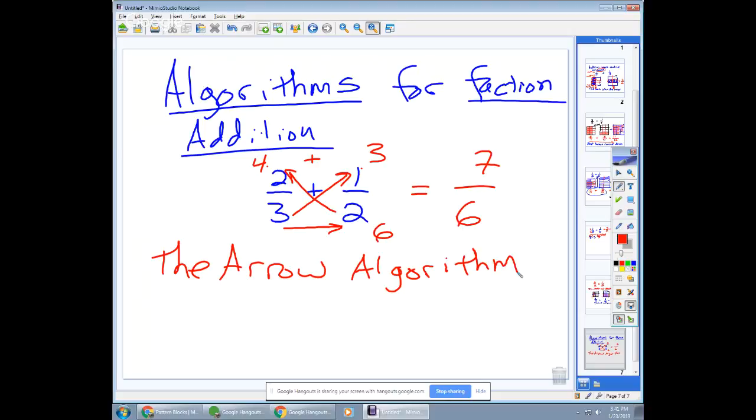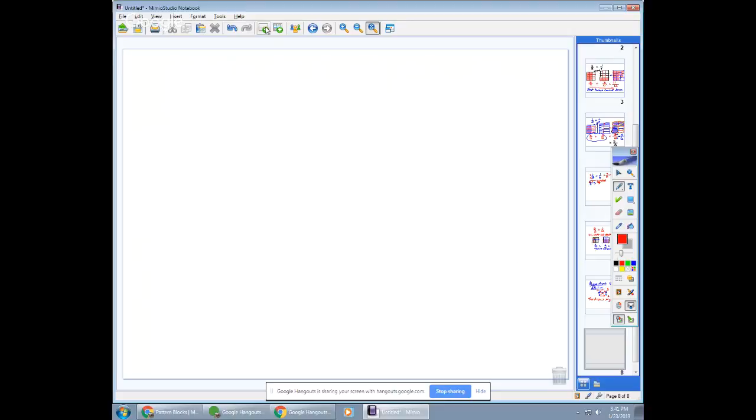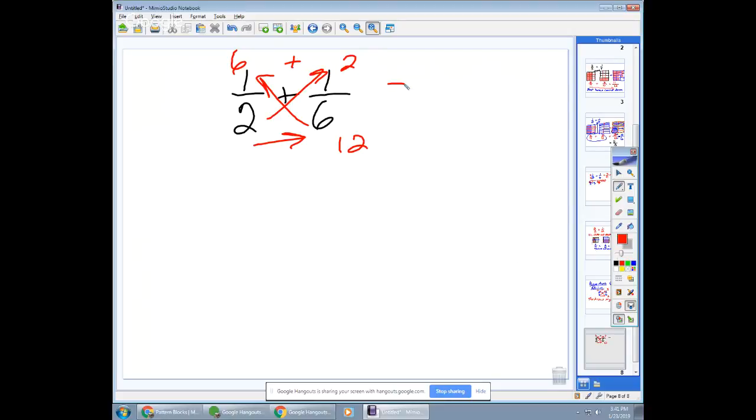Now, downside, this does not find the lowest common denominator. For example, if I use that on 1/2 plus 1/6, the arrow algorithm says, hey, just make 12 the denominator. Cross multiply 6 times 1, 2 times 1, add those new numbers up, and you get 8/12.